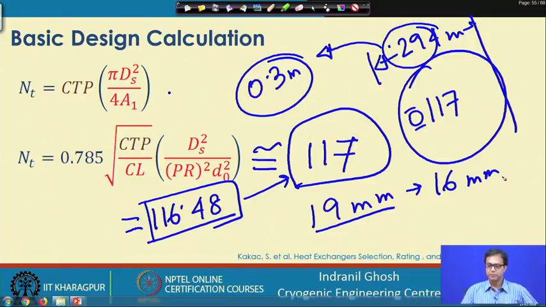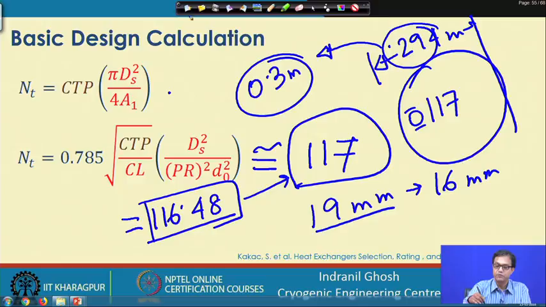So, based on this rough estimation, we can now try to find out what would be the actual dimension of the heat exchanger.